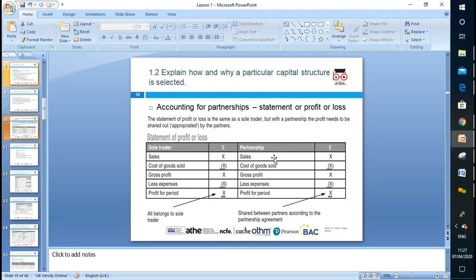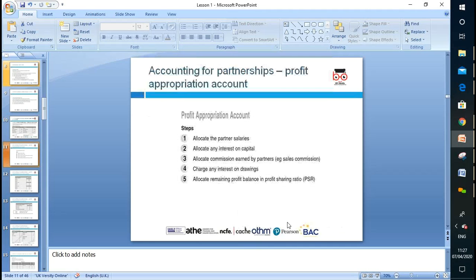If it's a partnership, you have sales, cost of sales, gross profit, less expenses, then you have a profit. Now we need to decide how to share it between the partners according to the partnership agreement. So if you have a partnership agreement, you need to prepare what is called the profit appropriation account.